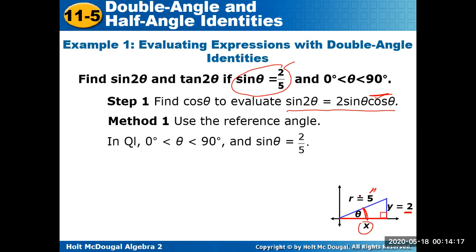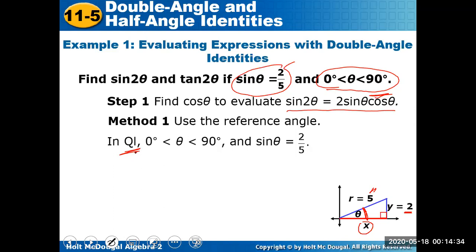One thing you need to notice is the limit that was given for theta, from 0 to 90 degrees. That means it is in which quadrant? It's in quadrant 1. The angle from 0 to 90 means it is in quadrant 1.